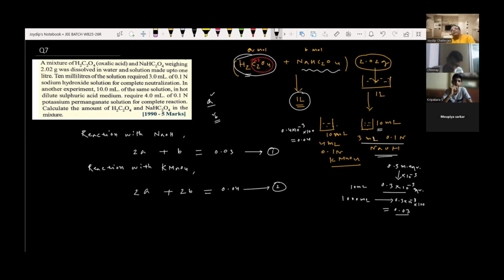Now, after calculating the A and B values, for any one you calculate, suppose A, multiply by molar mass and you will get the amount. Mass you will get, and then you just subtract from this: 2.02 minus W, you will get the mass of this. Calculate, and the mass they are asking in terms of grams, you have to report.